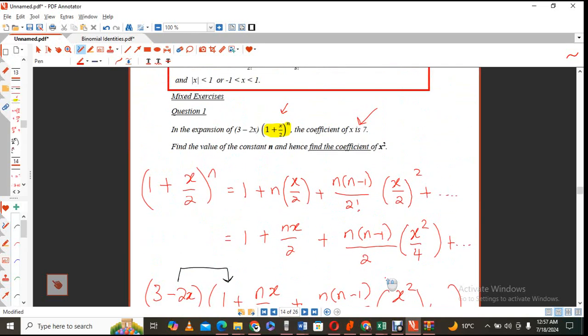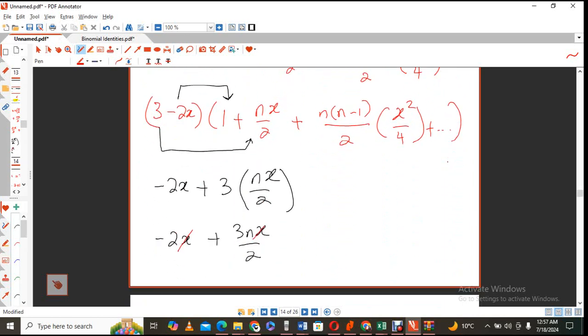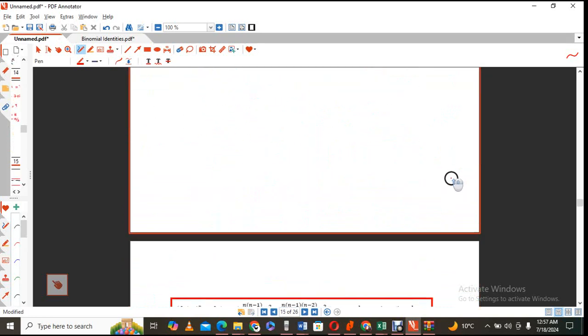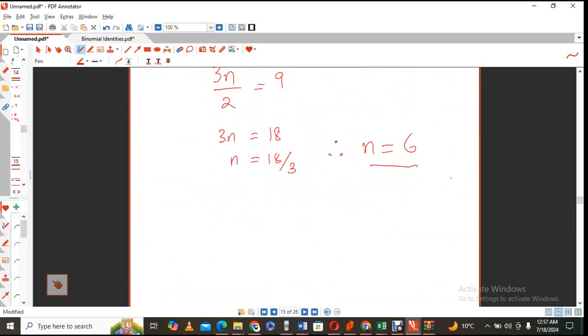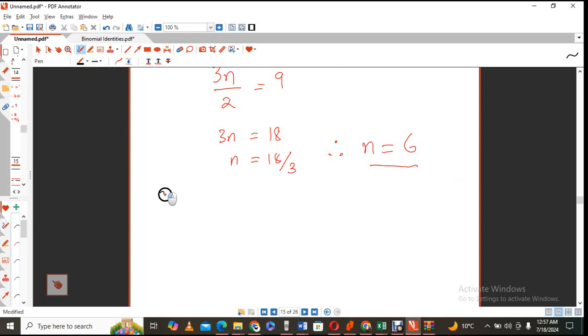Now, the other part of the question says, and hence find the coefficient of x squared. So I'm going to rewrite what I have because of space. I know that I have 3 minus 2x, and then from before I have 1 plus nx over 2 plus n minus 1.